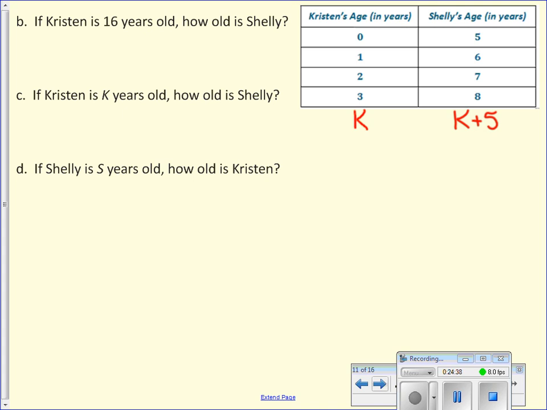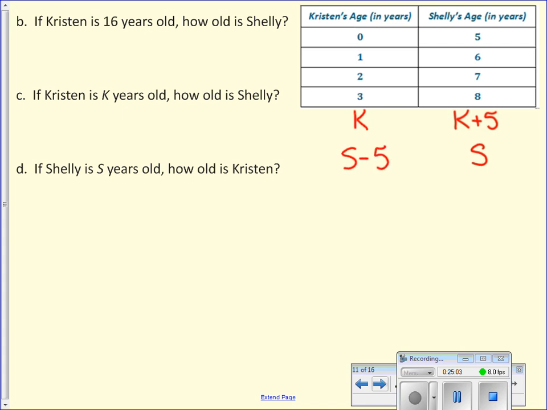So if we know Shelly's age, if Shelly is S, how am I going to figure out Kristen's age? If Shelly is 10, how old is Kristen? 5. So what would the formula be?